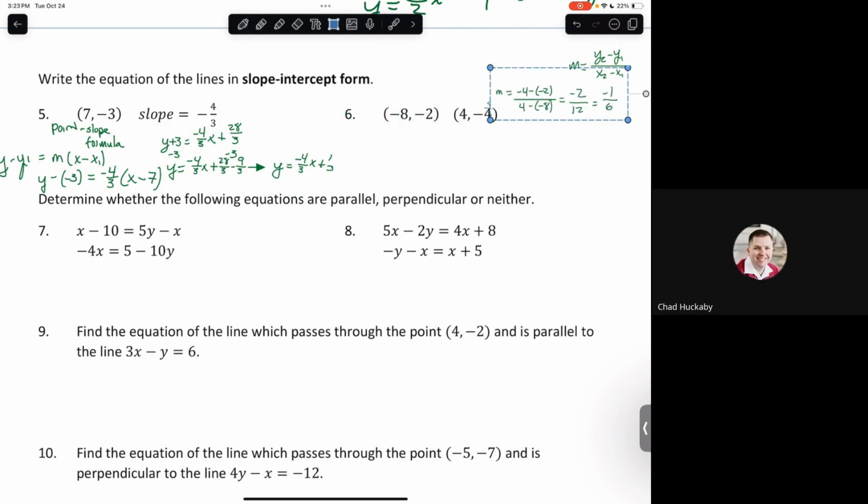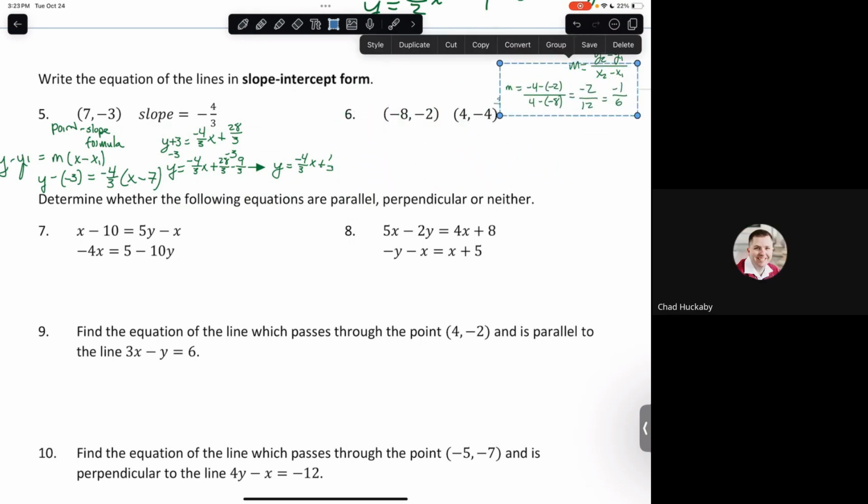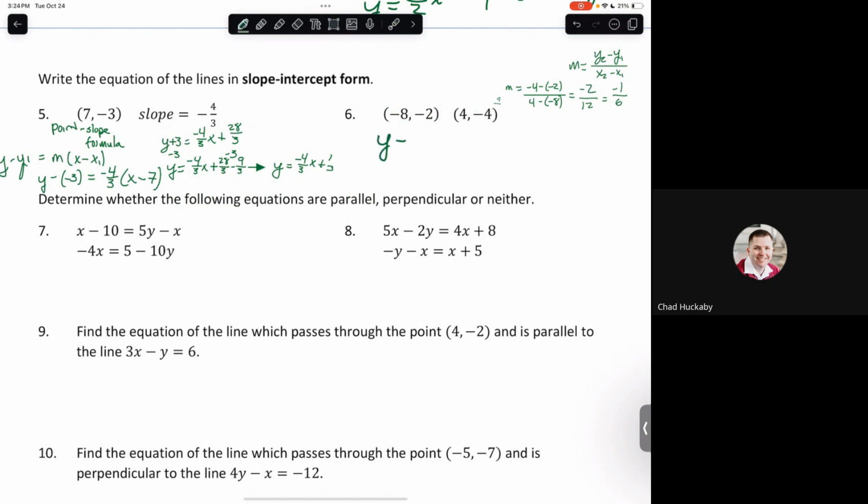Again, make those calculations small enough that we can see them, but got to have some space to do the work. So now we have a slope of -1/6 and a point. I'm going to choose to use the first point here in my point-slope formula. So y minus a -2 is equal to m, -1/6, times x minus our x value, which is -8.